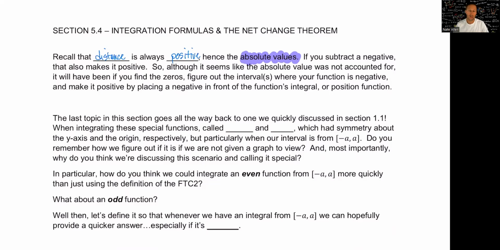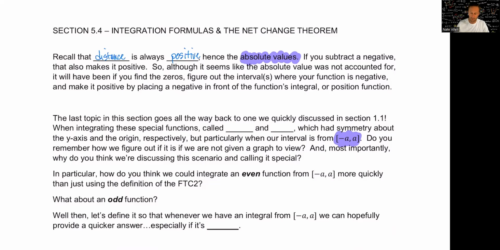All right, there's one more topic within this before we get to practicing, and that is a couple of special cases. Namely, we mentioned this a long time ago. I don't know if you guys even remember. We talked about even functions versus odd functions. And that special case of integration comes about when they have us go from a negative a value to a positive a value.